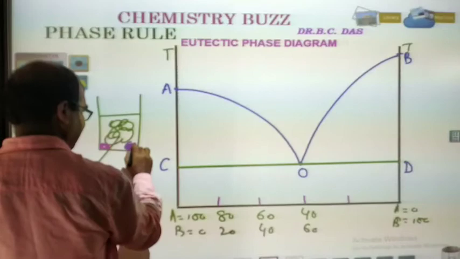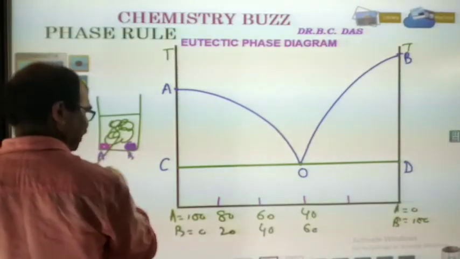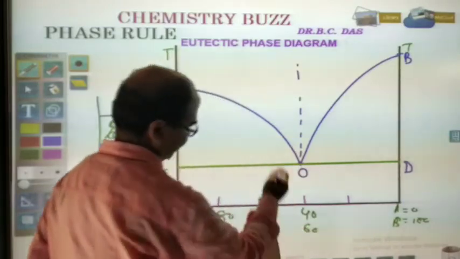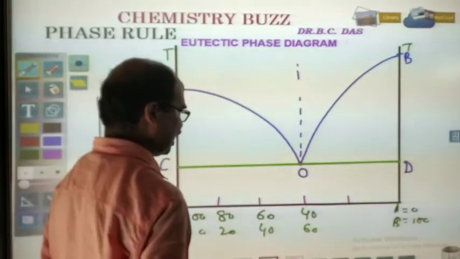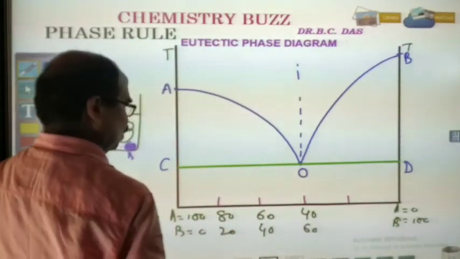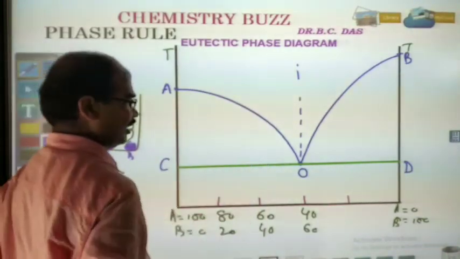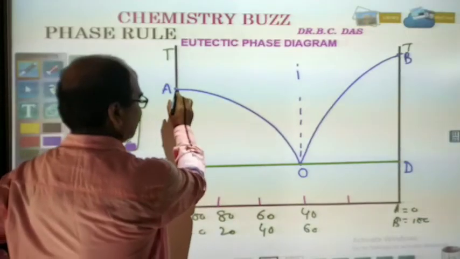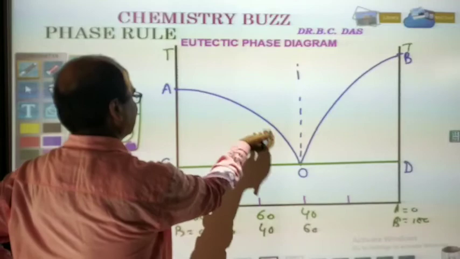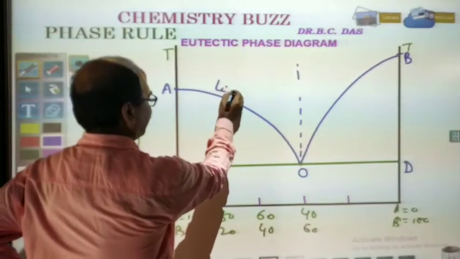So at this point, solidification of A and B starts. So we have to analyze this curve. This is the freezing point curve of the solution, or in other words, it is called the liquidus.